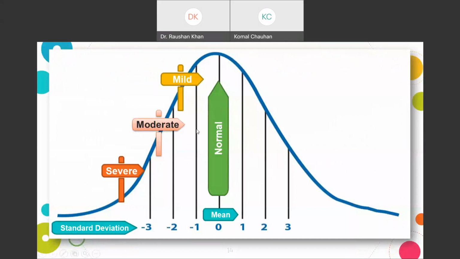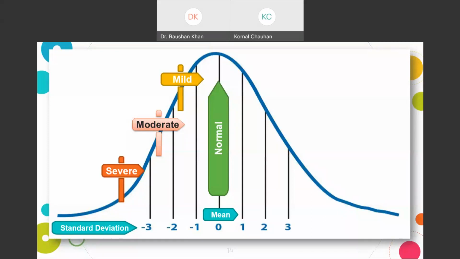This is normal. When we move to -1, -2, -3, as you can see below in the graph, these are standard deviations. If we are moving from 0 to -1, and 0 to +1, this category is called normal, for weight for age, height for age, weight for height, or any parameter.